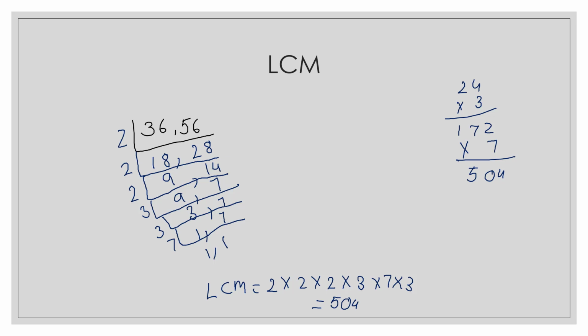Okay, let's move ahead to HCF now. I think you understand the LCM. So let me do HCF now. Now what is HCF? Highest common factor. So we have looked at the factors as well. Let me write, say if I have the numbers 56 and 36. Now what are the factors of 56?